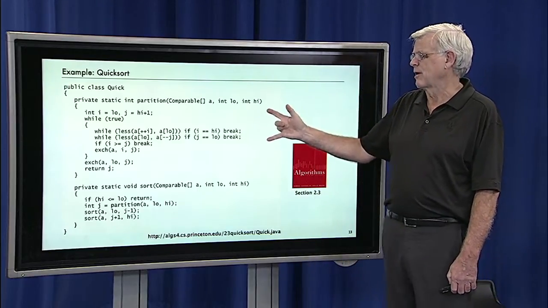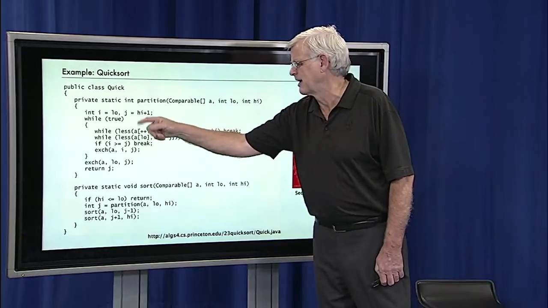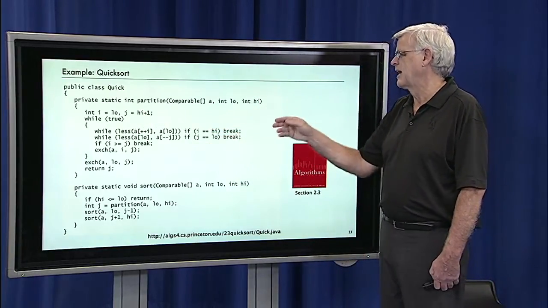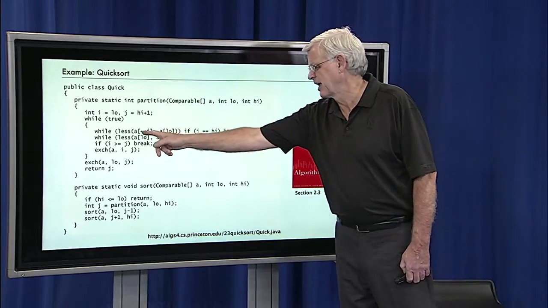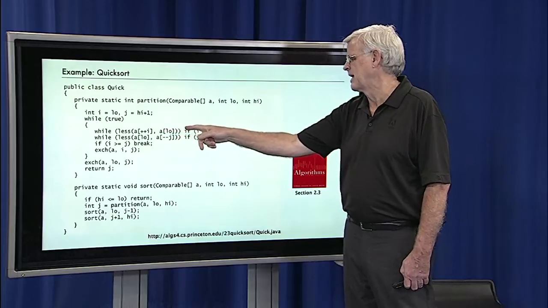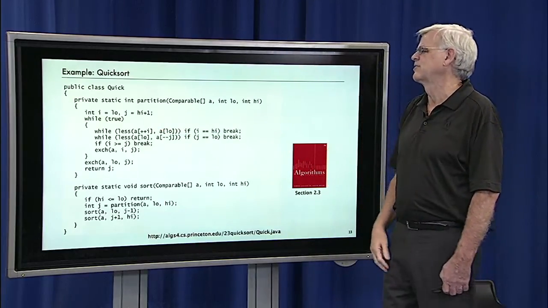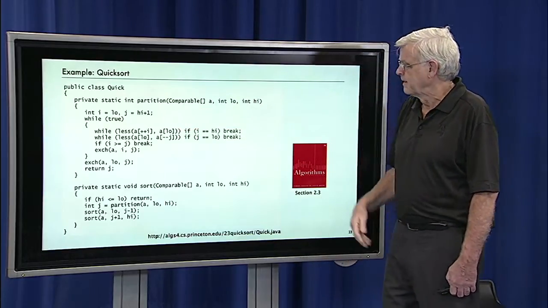The partitioning process is handled by running two indices, one i and one j, i going from low to high and j going from high to low, and we simply scan from the left, incrementing i, as long as we have elements that are less than the partitioning element, which we put at a of low to start up.